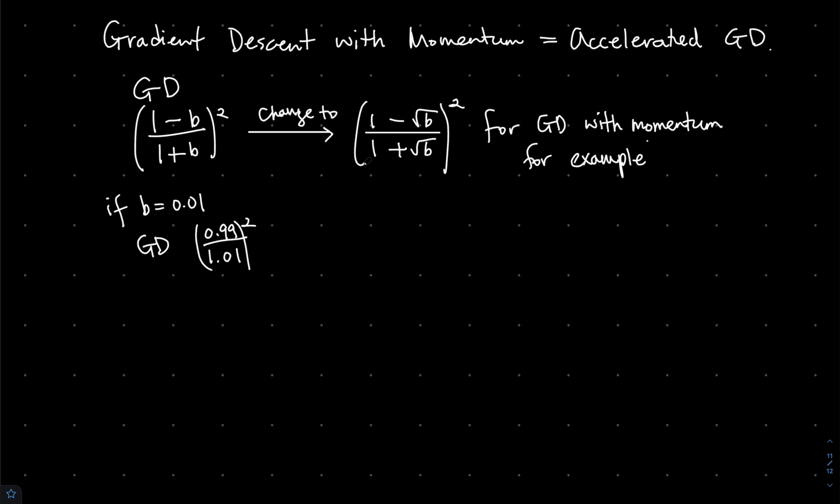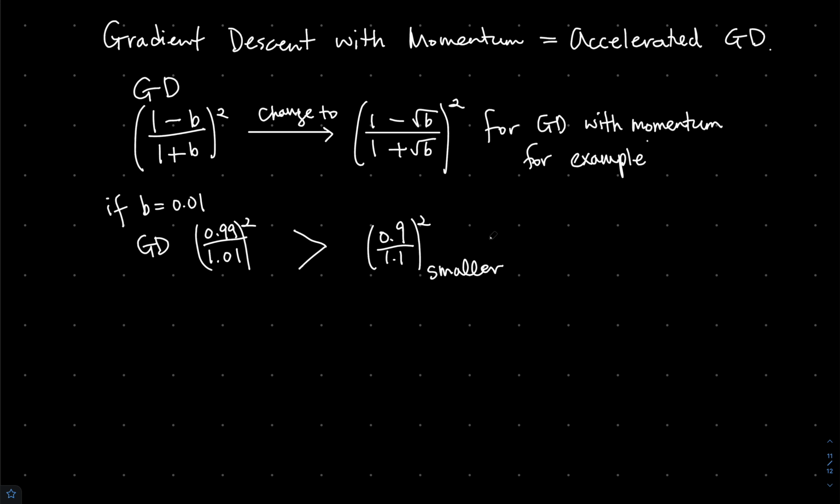But for that same b, the rate of change for accelerated GD, root b would be 0.1, not 0.01. So then it would be 0.9 over 1.1, which is much smaller than 0.99 over 1.01, and squared, then the difference would become even larger. So this is smaller.